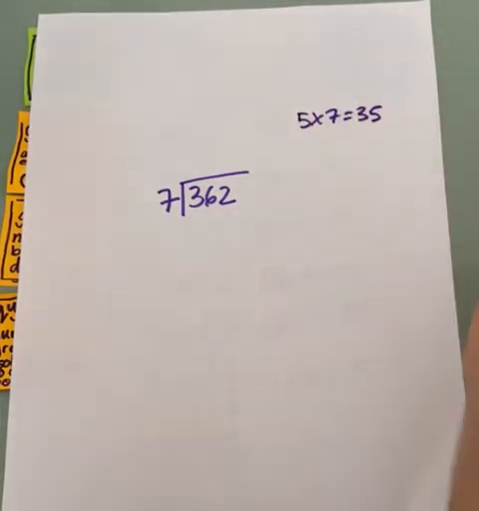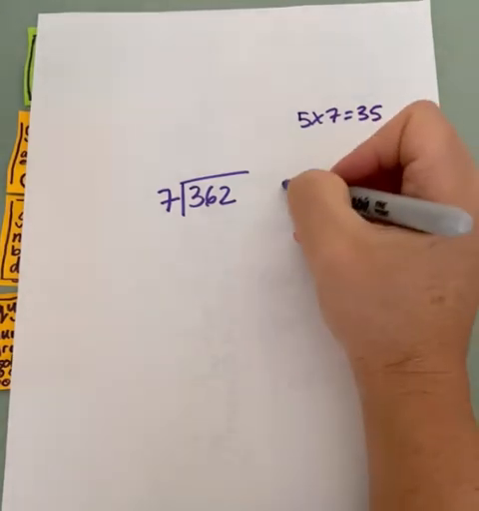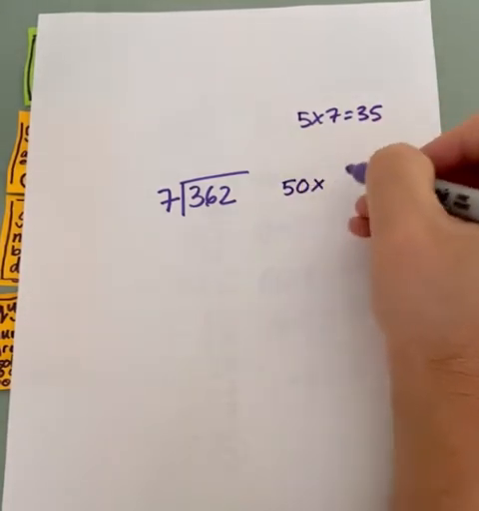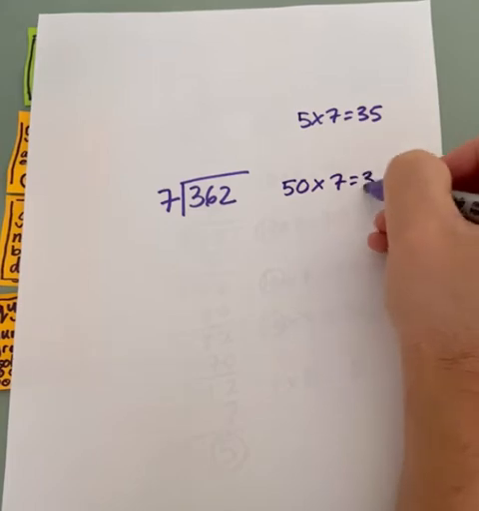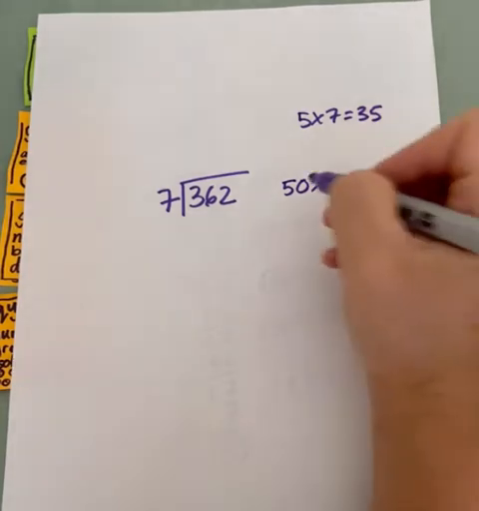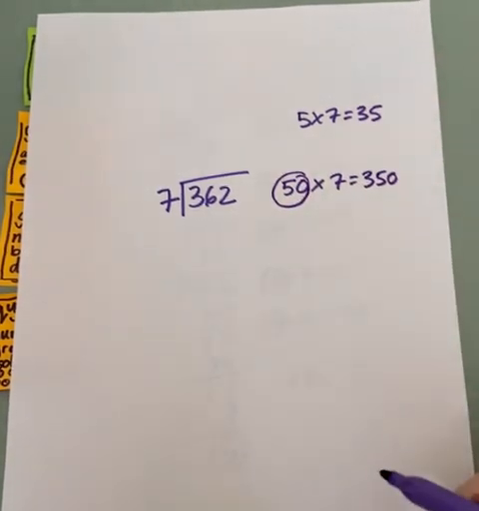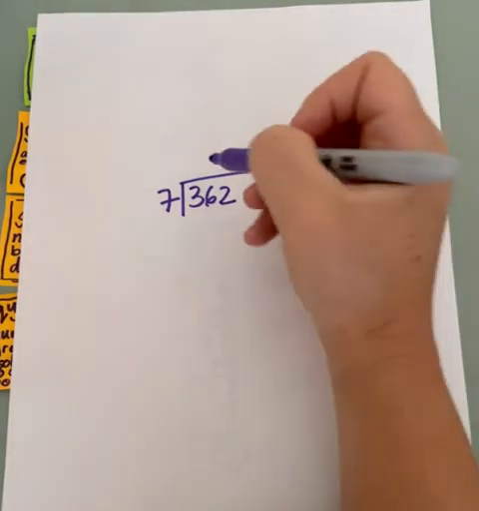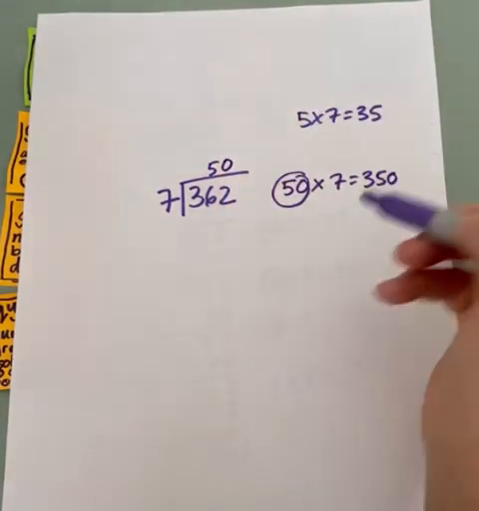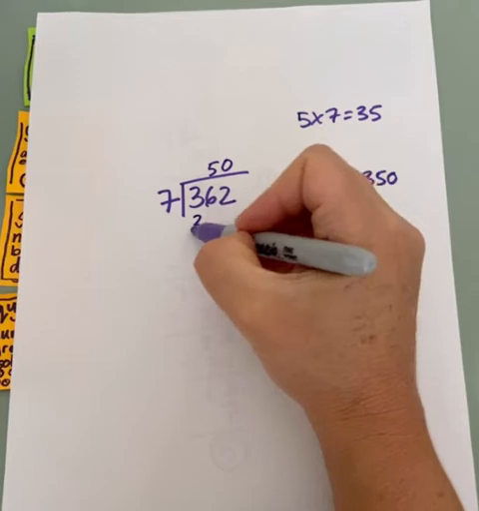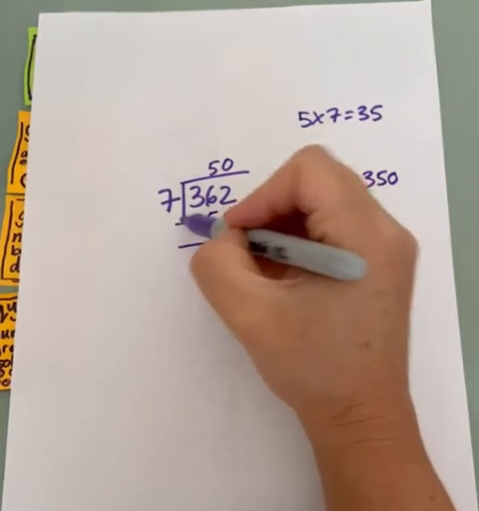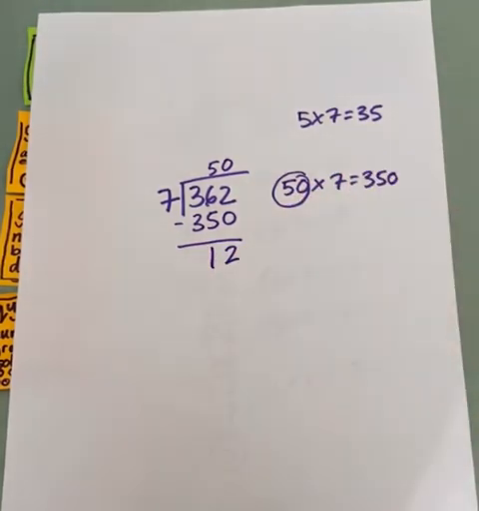We all know that, don't we? Therefore, 50 groups of 7 is 350. Now I can just go ahead and take those 50 groups of 7 and place them right up here. And I'm going to now subtract 350 from my total, which leaves me with 12.